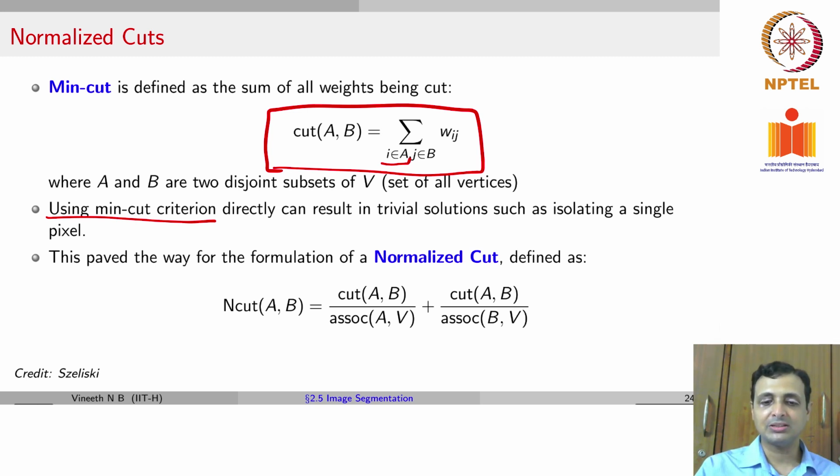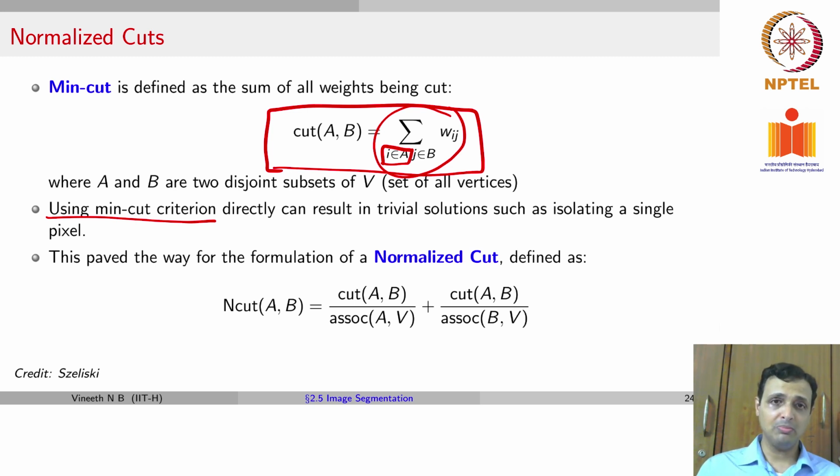When A consists of, say, only one pixel and B consists of another region of pixels, this summation may be restricted to a smaller set and hence may have a smaller value when you sum all of them up. This means min cut could favor regions where there's only one pixel on one side, which may simply be an outlier and may not really form a good segmentation for the image.